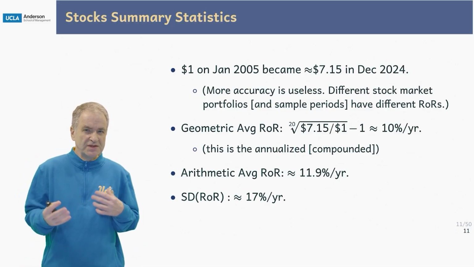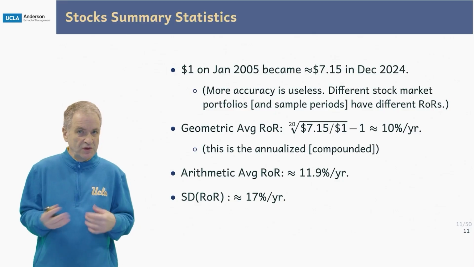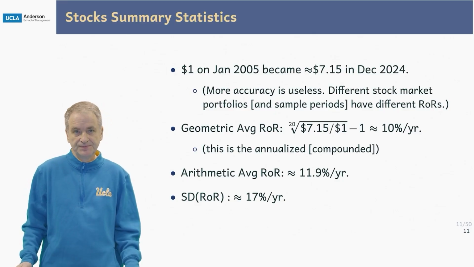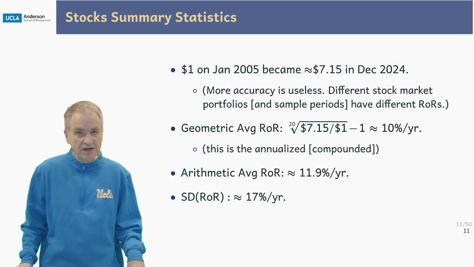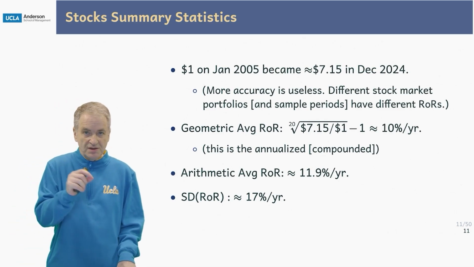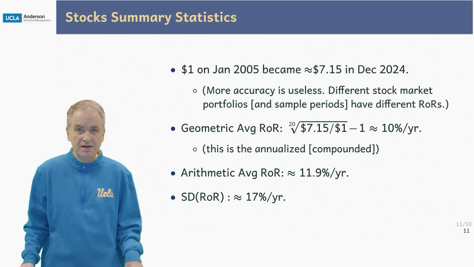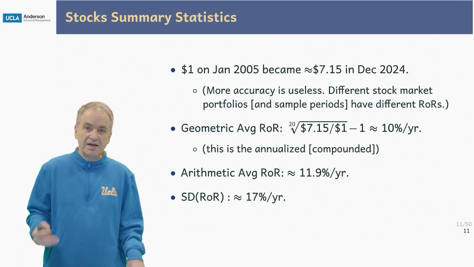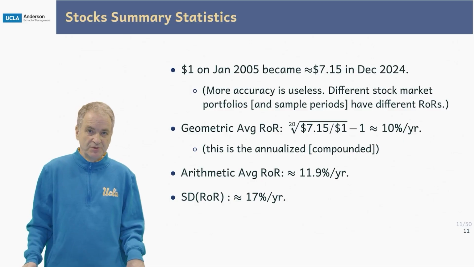If I choose a slightly different stock market portfolio sample period, I would get different rates of return. Now, if I wanted to find out the geometric average rate of return, I would just use the formula there. We have a particular number of years, and it comes out to be about 10% per year.